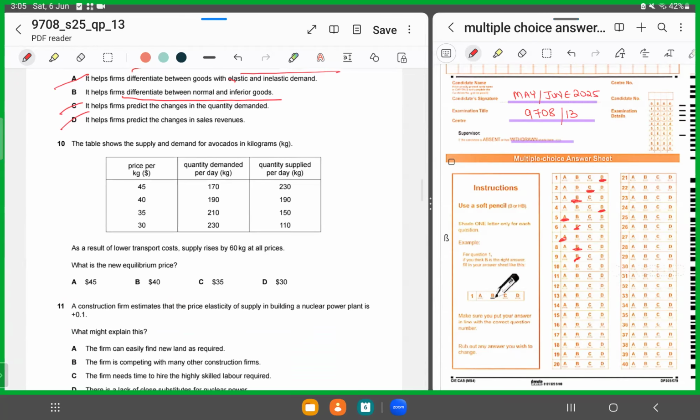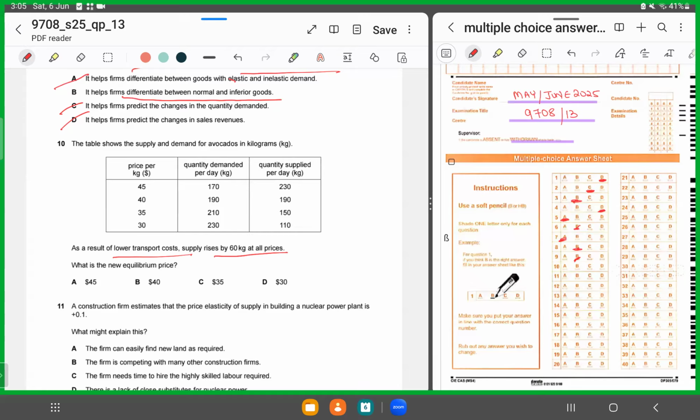Number 10. MCQ number 10 gives us the supply and demand for avocados in kgs. Now they displayed various prices and they're given quantity demanded and quantity supplied in each case. They're saying as a result of lower transport costs, the supply rises by 60 kg at all prices. For each price, the quantity supplied is going to increase, keeping the quantity demanded at the same level.